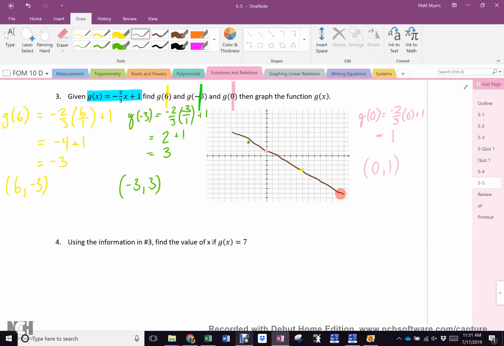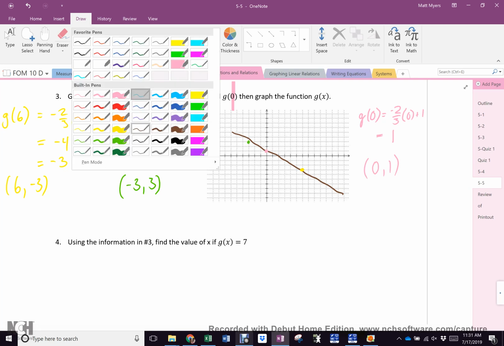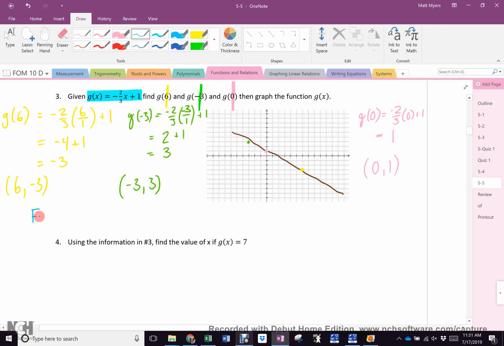This over here is function notation algebraically. Forgot the I. Algebraically.